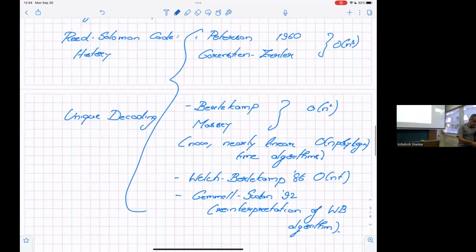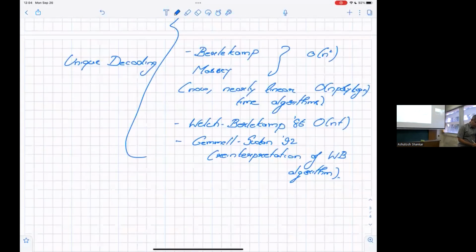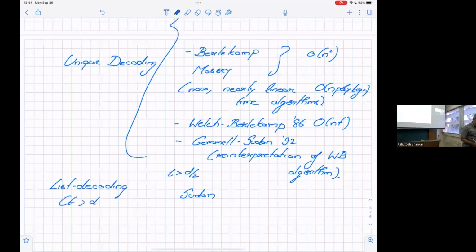And the story didn't stop here. Madhu Sudan continued, and he asked what happens if T is larger than half the minimum distance. Here you cannot uniquely decode any longer. So in '92 to '95, he gave the first decoding algorithm for Reed-Solomon codes which handled errors beyond half the distance.